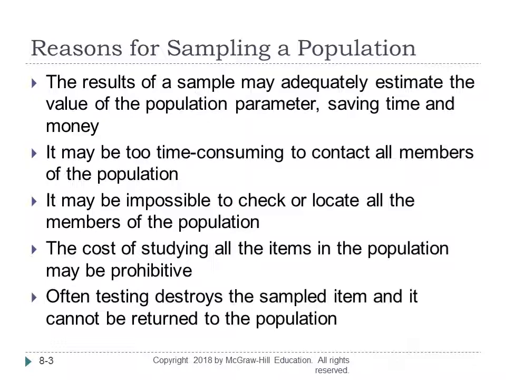Also, when we're sampling objects in manufacturing, testing will destroy the sampled items, and it cannot be returned to the population. But there is many reasons why we decide to take a sample to estimate a parameter for the population.